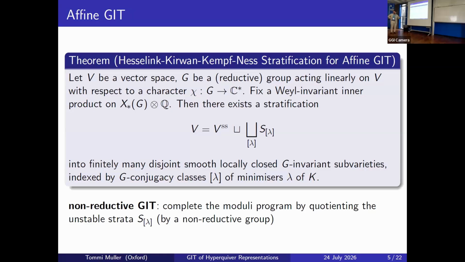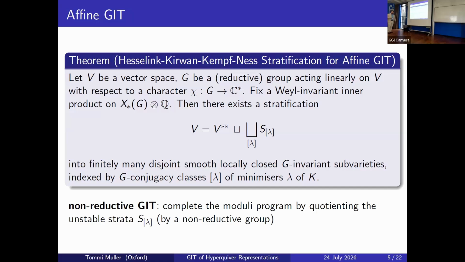And so you get moduli of not just semi-stable objects, but also unstable objects. And to do this quotient, you have to quotient by a non-reductive group. And this is what people study.